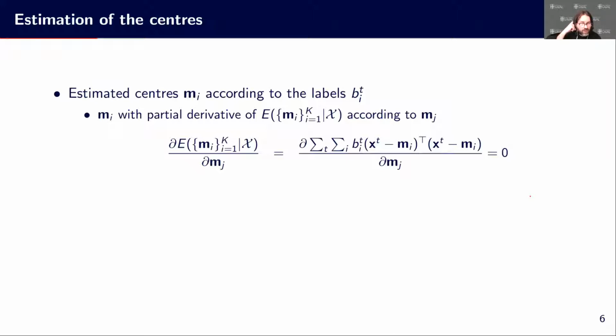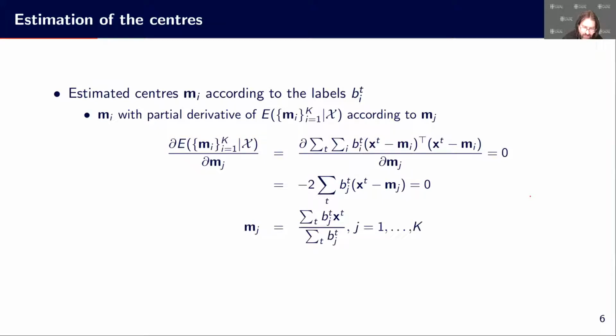So we are looking at the reconstruction error criterion, which is the one that we saw before, and we set that to 0. And by solving this, we are able to say, okay, the right value is this one: minus 2 summation over BIT times xt minus MJ is equal to 0. And just by solving this, we get this equation.